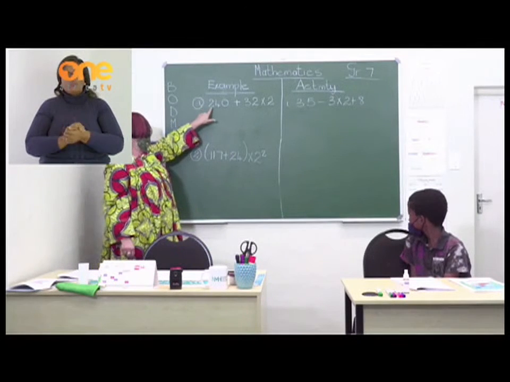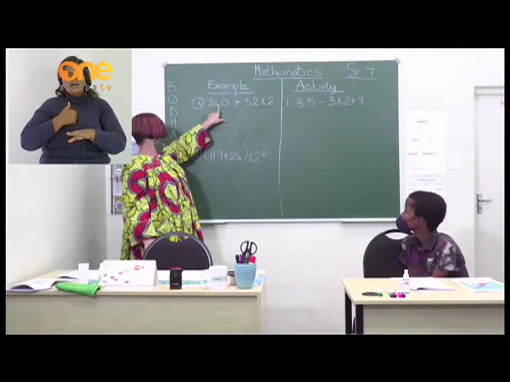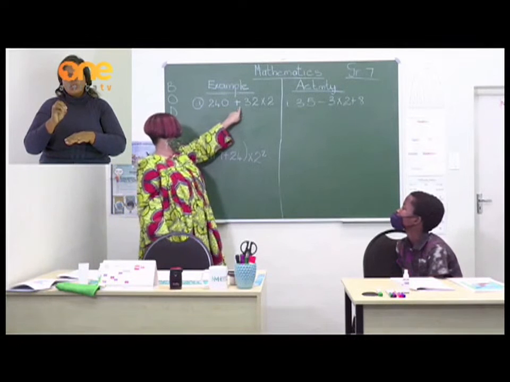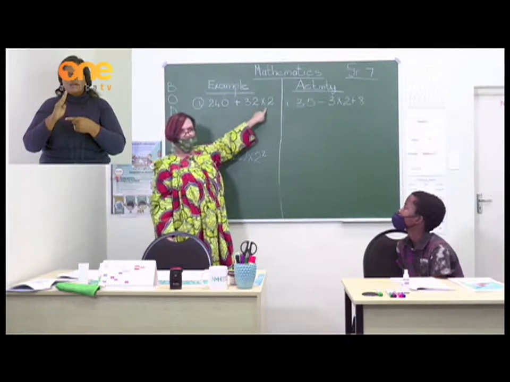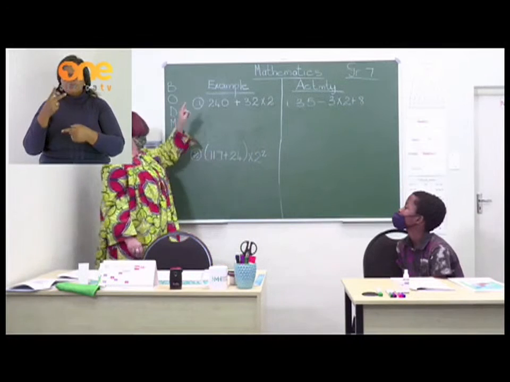In my example, we have 240 plus 32 times 2.